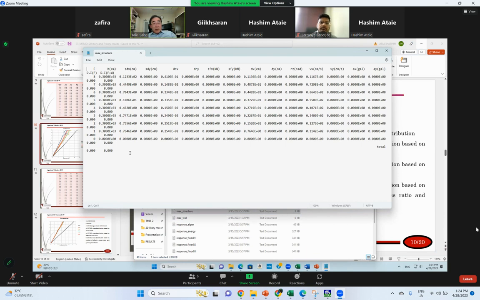Yeah, this is the max structure. So this is max deformation, maybe the deformation of PMD also. So yes, PMD is also there. Could you show me max node? There is a file max node in the folder.